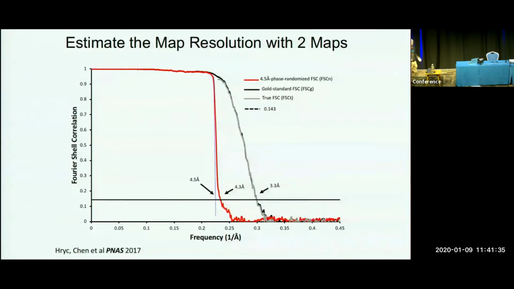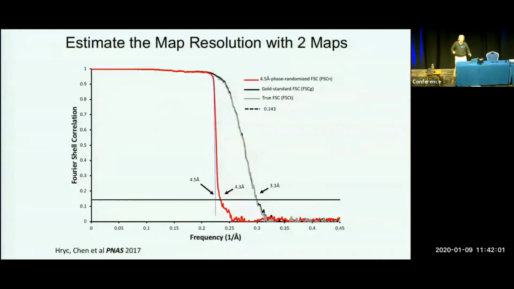I think that ensures you are not over-refining your map or over-claiming what the resolution is. Now, I criticized the one number as no good, but on the other hand we need some currency to talk about when we say a certain resolution, with some expectation of what features you can see, as was pointed out this morning.